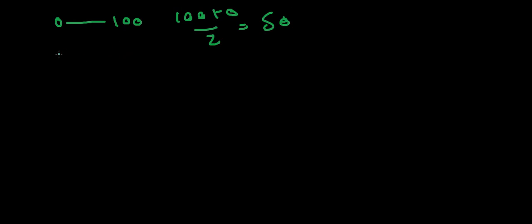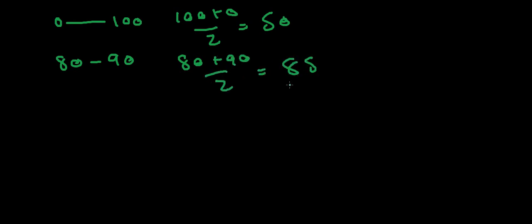Let's suppose I got an 80 and a 90. I can simply add 80 plus 90 divided by 2, and the midpoint of that is 85. So if I wanted to write a general form for finding an average between two numbers, I could write it like this: x1 plus x2 divided by 2.